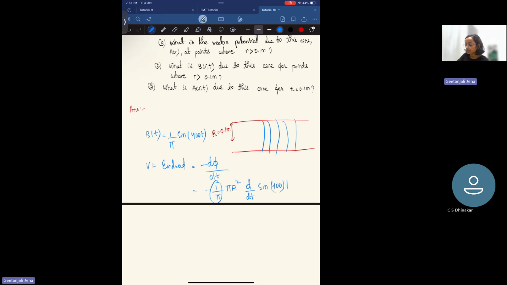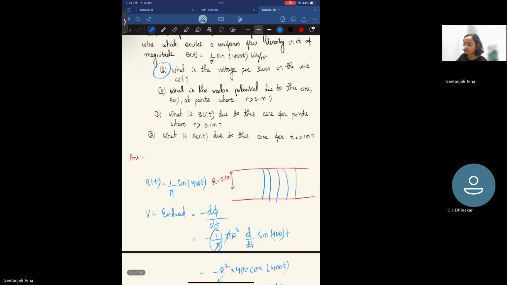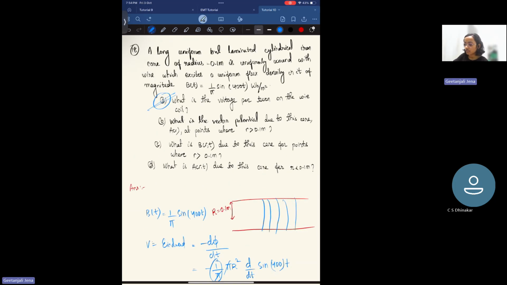This is 400 minus 1 square d by dt of sine, which will give 400 cos 400t. If you put the value of r, which is 0.1, this will give 4 cos 400t. This is the first part.